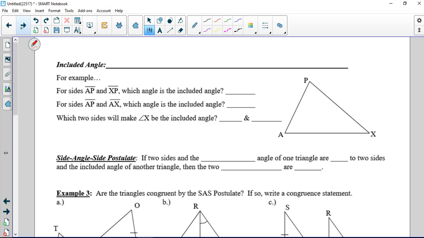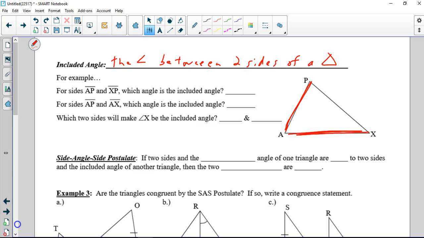Okay, included angle. The included angle is the angle between 2 sides of a triangle. So for sides AP and XP, here's AP right here, here's XP right here. What is the included angle?